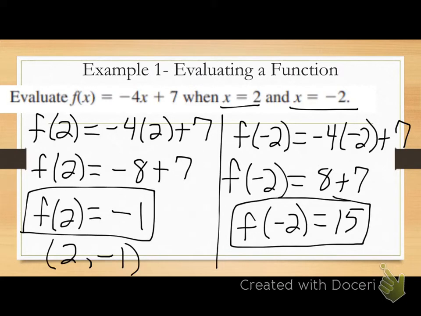So my f of negative 2 is 15. So if I were to write it as an ordered pair, what's my x value? Negative 2. What's its corresponding y value? 15. We okay with that? Just treating f of x like y, right?